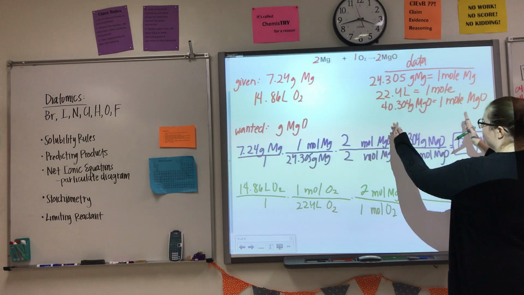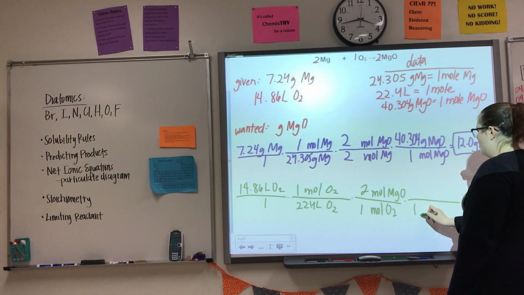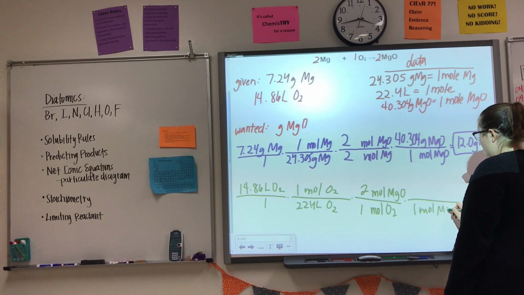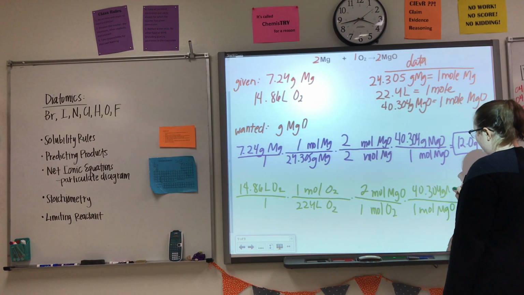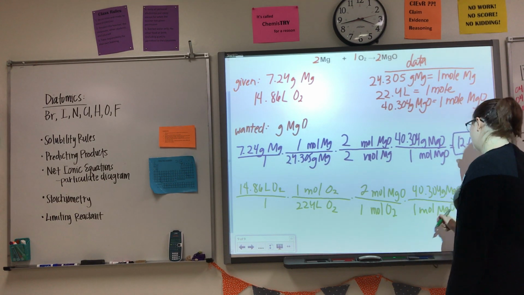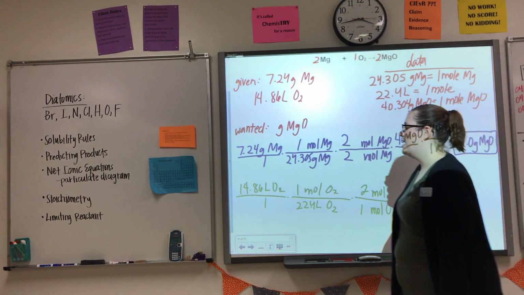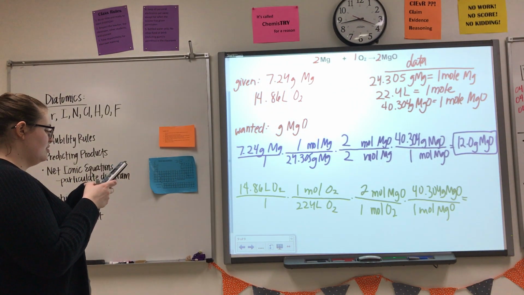Again, I get to repeat this part right here. I just slap this down here. So I had 1 mole of MgO, and then I put my molar mass of MgO on top, or magnesium oxide, because I'm still solving for grams of magnesium oxide. So do that math one more time, and then refer to this as my green reactant, which is still oxygen.